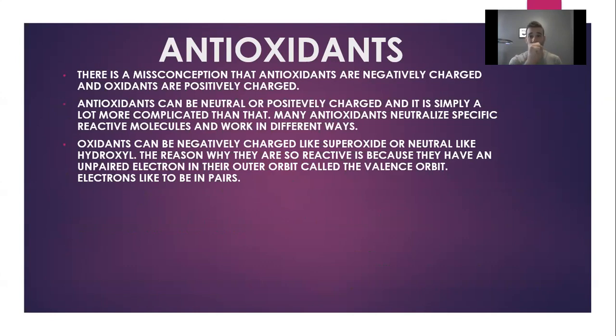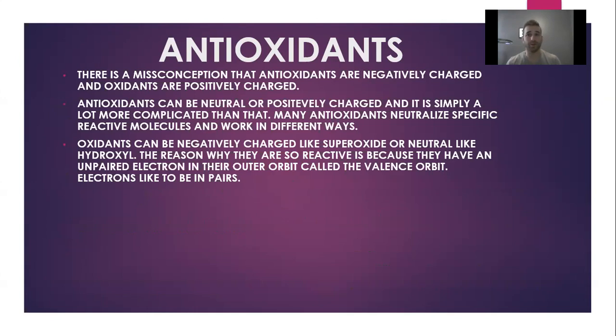Because around a nucleus, we could have protons and neutrons in the nucleus, and then we have electrons that orbit around the nucleus, okay? But there's multiple layers, and different atoms have a different amount of layers, okay? But the outermost layer is what we're talking about here, and that is called the valence orbit.